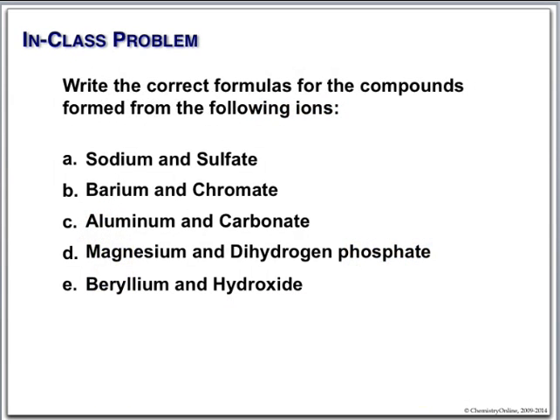Let's just go back to our nomenclature and do this one more time quickly. Write me a compound with a sodium and a sulfate, a barium and a chromate, aluminum and a carbonate, etc. You may look at your little sheet if you don't remember where's who.